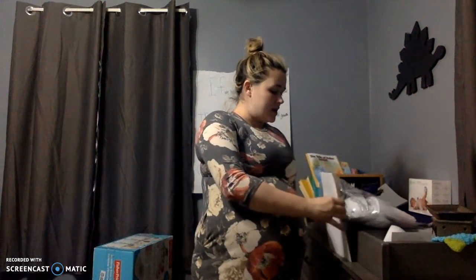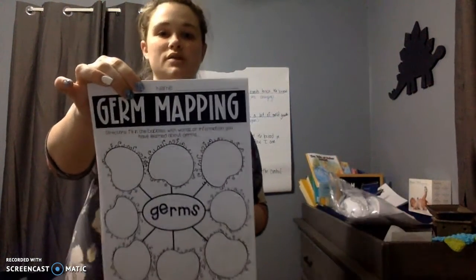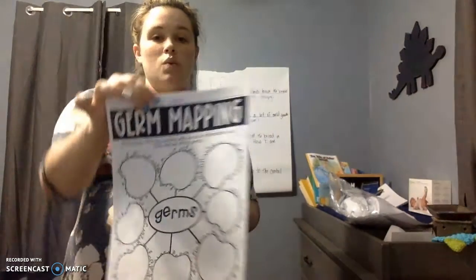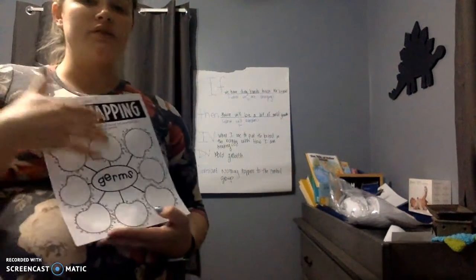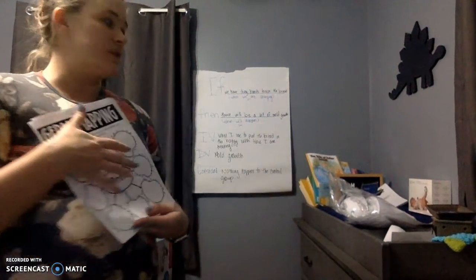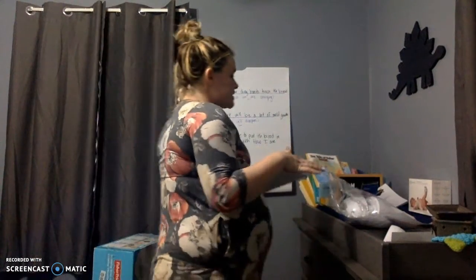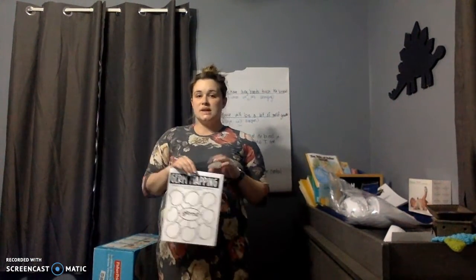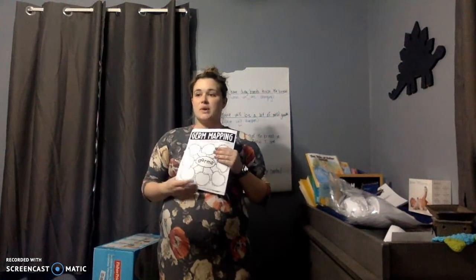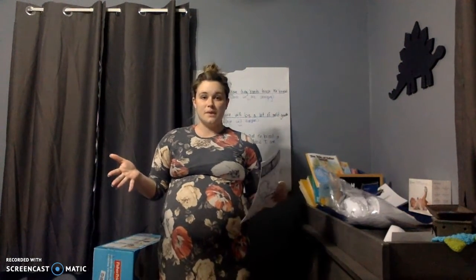Next, we're moving on to germ mapping. Okay, it looks just like this. So what we're going to do is we're going to have to learn a little bit about germs before we can really start our experiment. Okay, so this is like our pre-research. So do you think a scientist will think of an experiment and then just do it and not research anything?